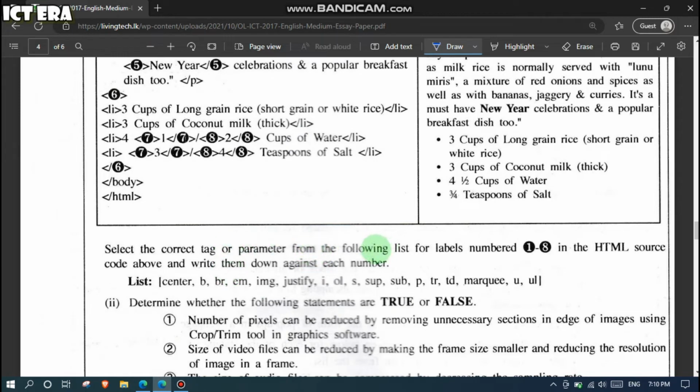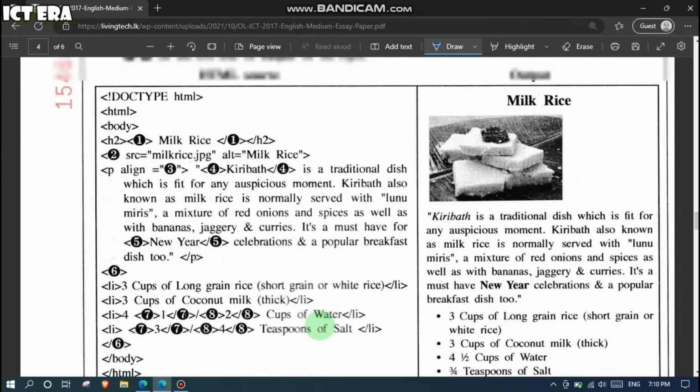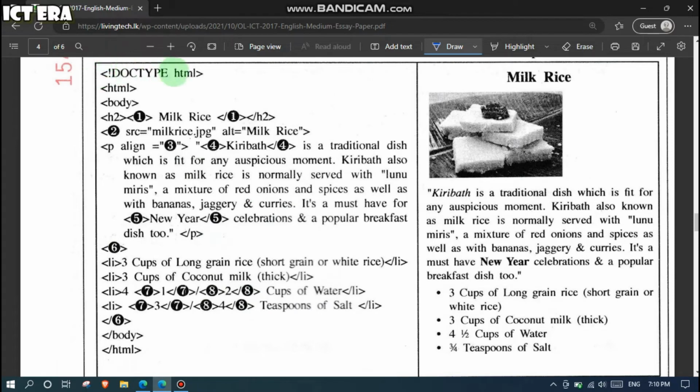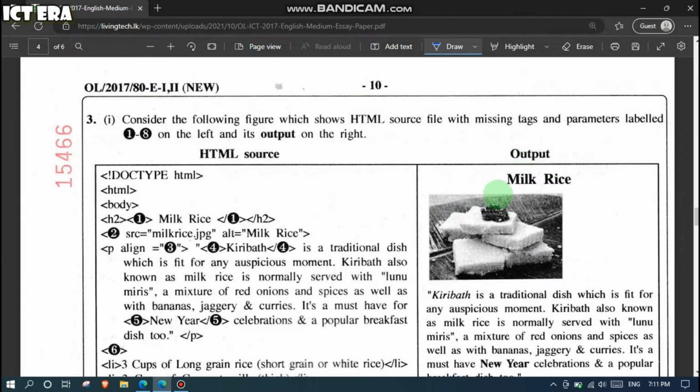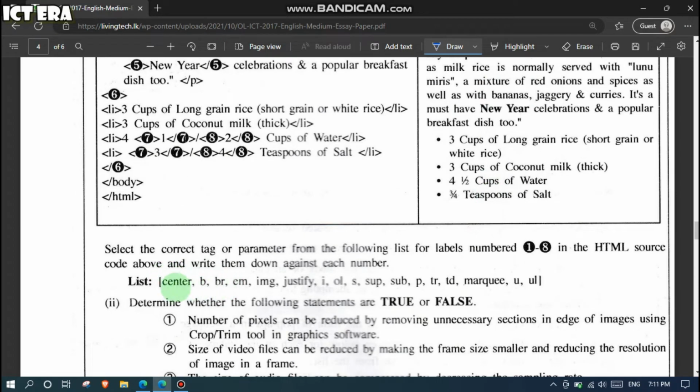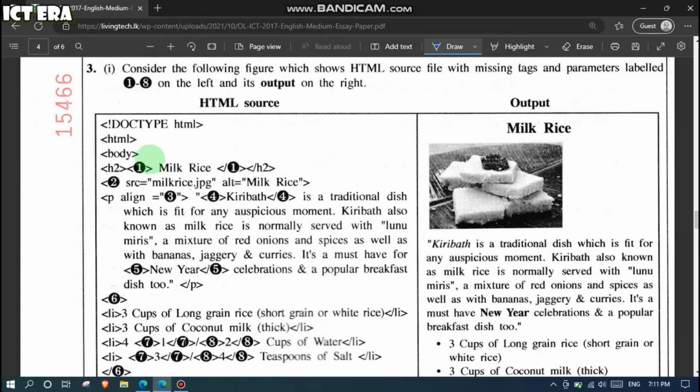Select the correct tag or parameter from the following list for labels numbered 1 to 8 in the HTML source code above and write them down against each number. So let's see. Here doctype HTML, alright, document type HTML. Then a tag is opened, HTML, body, heading is 2, heading 2, milk rice is in center, right? So then we can take center for that. First one, center.